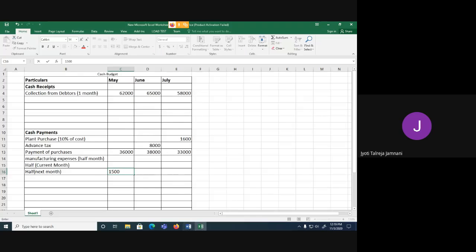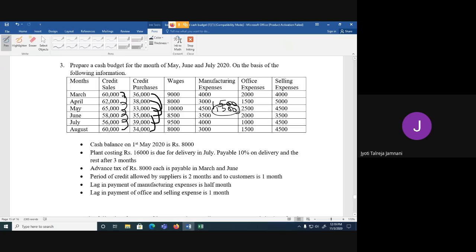Okay, so what we will take here in the current month. What is the May salary? The May salary is 4,500. So of that 4,500, half we are going to take in May, and the rest half in the next month. So 4,500 half if you take, it is 2,250.